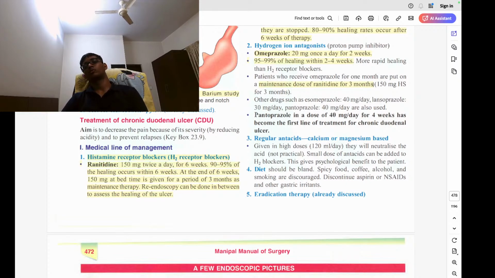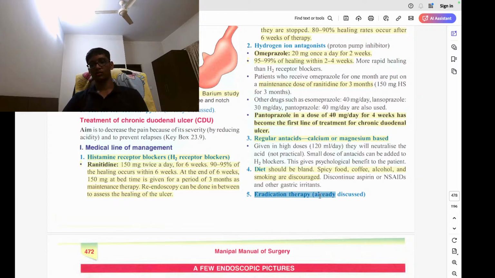Now pantoprazole 40 mg per day for 4 weeks is the first line treatment. Diet should be bland; spicy food, caffeine, alcohol, and smoking are discouraged.